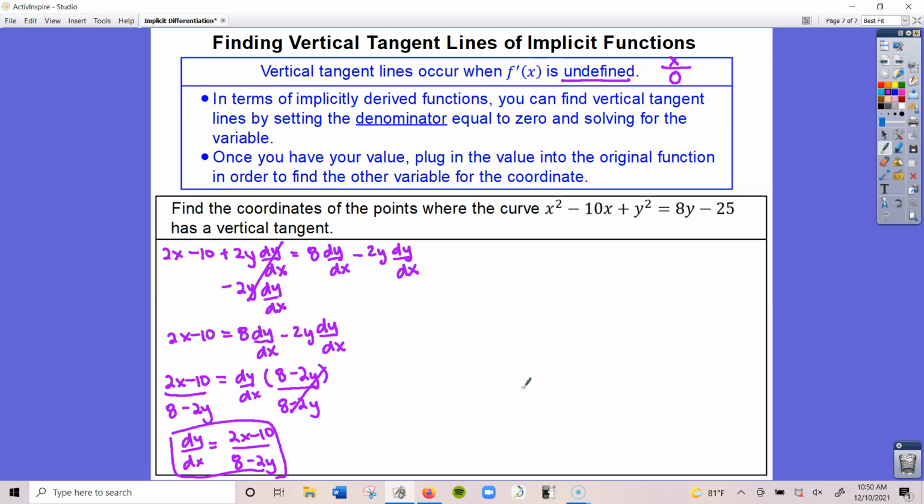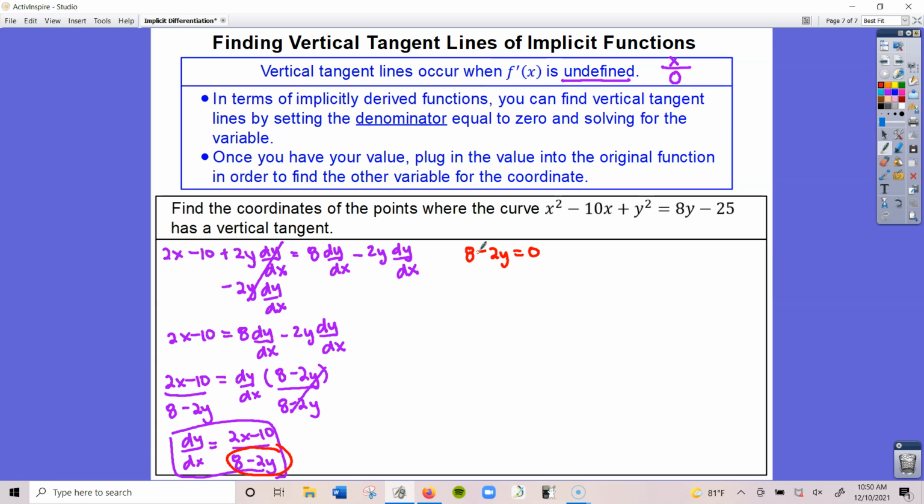Now we're going to figure out where we're going to have a vertical tangent. We have a vertical tangent as long as the denominator is equal to 0. So 8 minus 2y equals 0. Now we solve for y. Notice that depending on your derivative, your x's and your y's could be either in the numerator or the denominator, like they can switch.